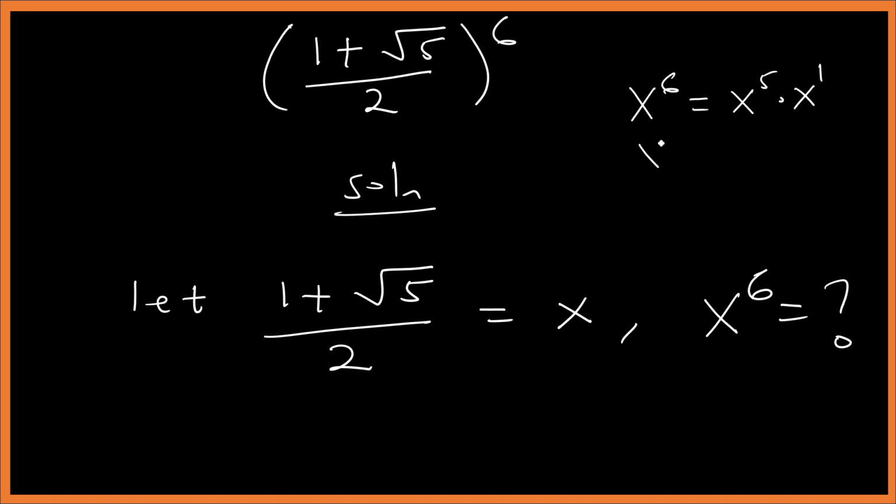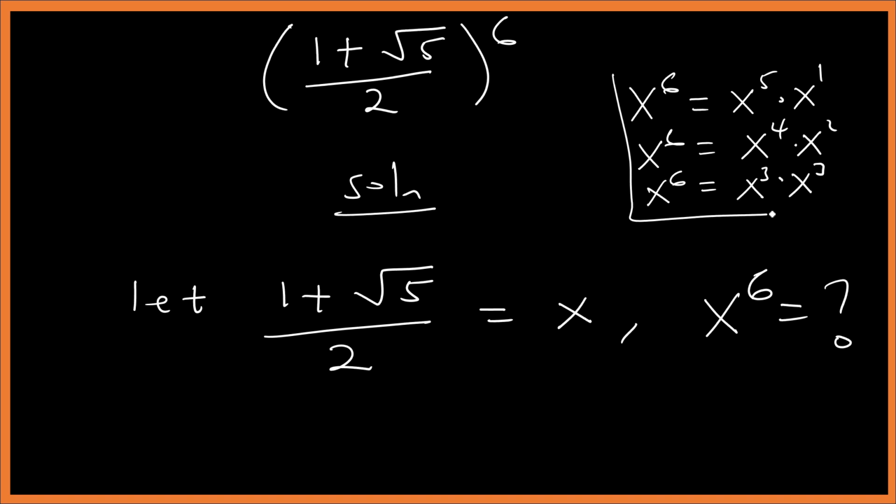You can also see x to the power 6 as x to the power 4 times x to the power 2, or x to the power 3 times x to the power 3, and many more. So let's see how we can get the answer.